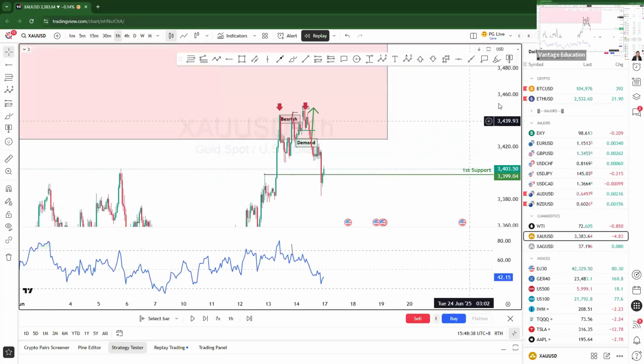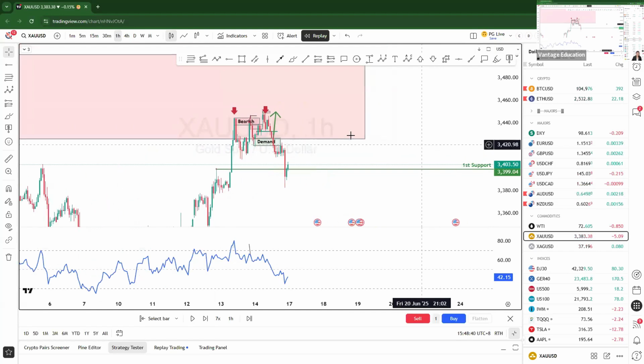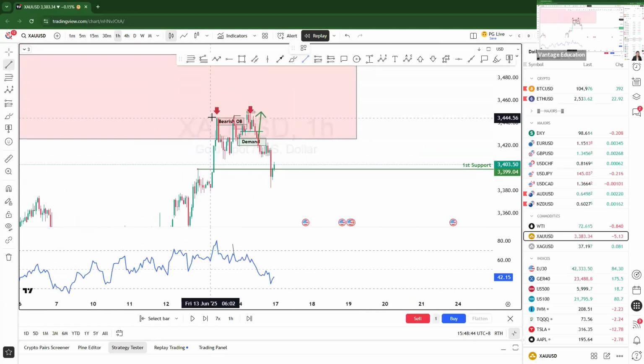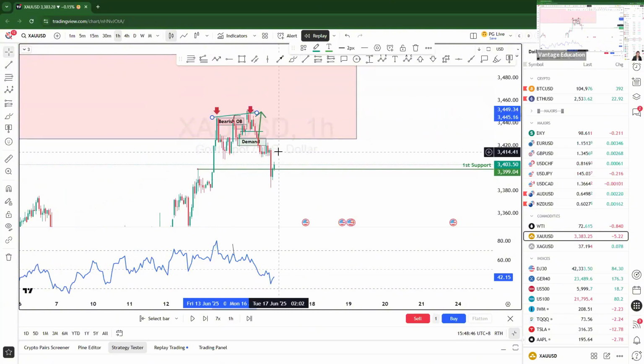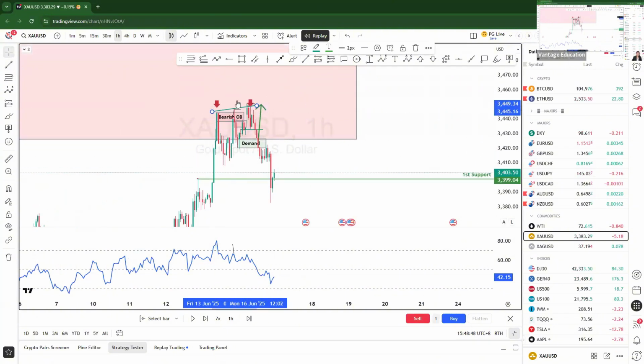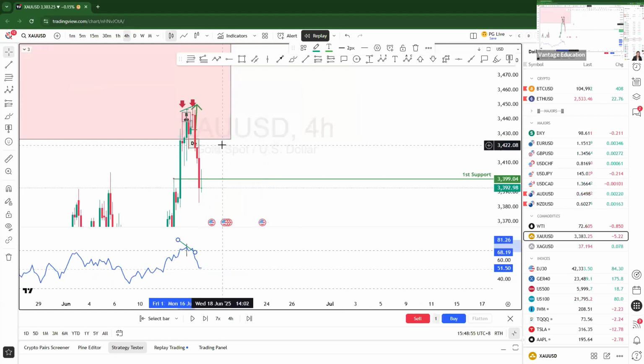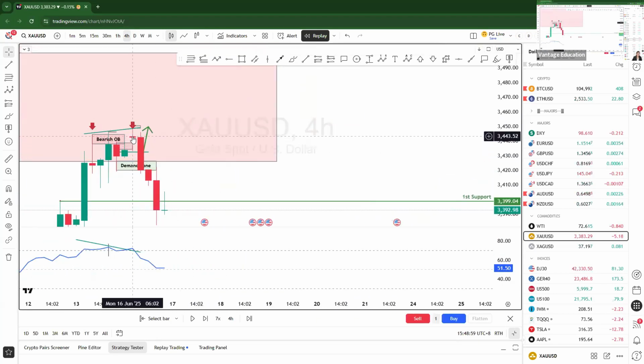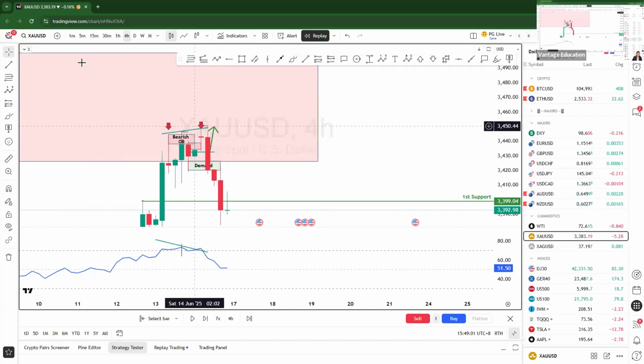If you want to find confirmation, from this level, if you go back to H1, you will have more confidence because price closed with a bearish engulfing candle, and price also has bearish divergence here versus the RSI. And then you go to H4, you will see the H4 closing with your price action is here, right?